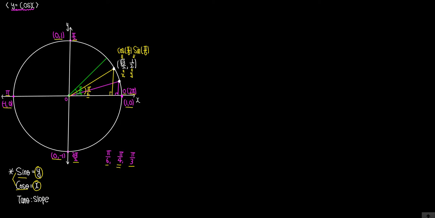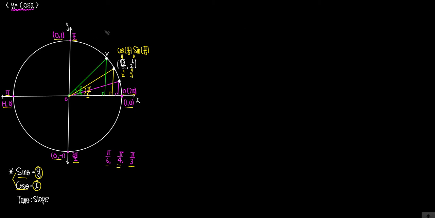Then the angle measurement pi over 4 radians creates one coordinate. And to think about it, we always need to make a right triangle by making a straight line all the way to the positive x-axis in this case. So with the right angle, the right triangle will be formed.